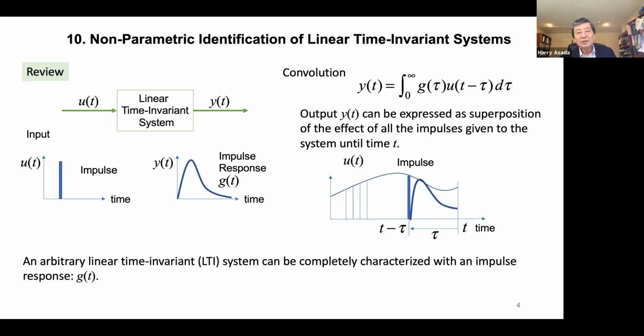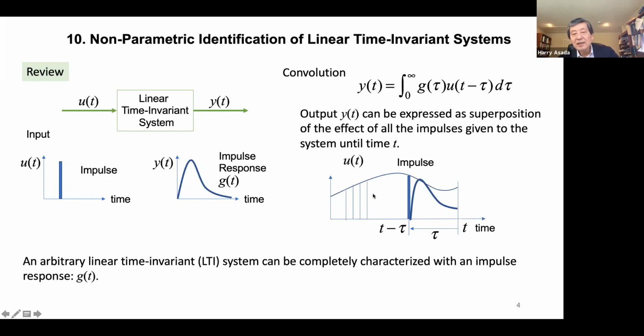Now this impulse response is fundamentally important because even though it is for this particular form of input, with use of this impulse response curve, we can generate output for any input curve like this. Because this input u(t) can be segmented into many short-term slices, and each of them is an impulse with magnitude, or amplitude, dictated by u(t).